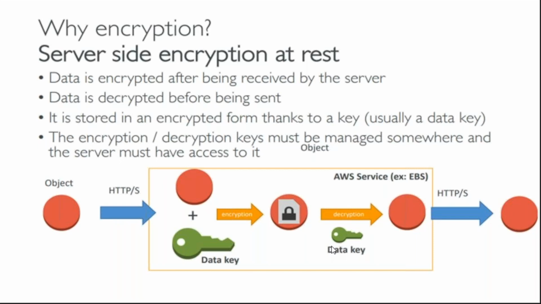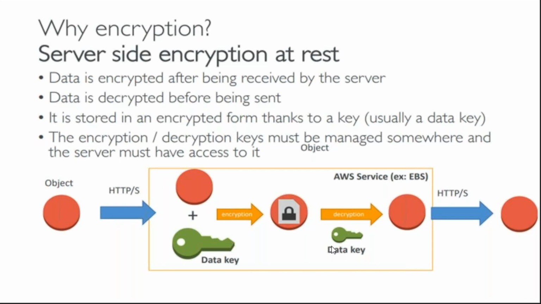We need to know that the server should not store the data in an unencrypted form, because in case the server gets hijacked, we don't want someone else to access our data. So data is decrypted before being sent back to our client, and this data is stored in an encrypted form using a data key.